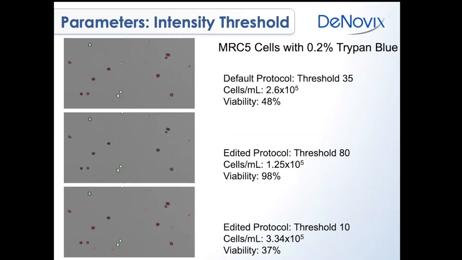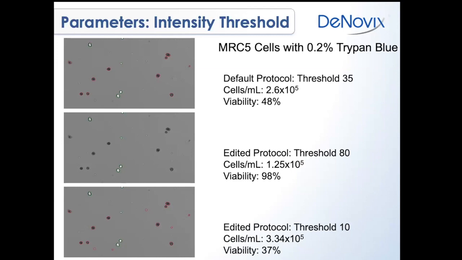If I change that threshold so that to get counted as a dead cell, something needs to be very dark, almost black, so I set it to 80, you can really see how that changes the count. Now almost nothing is being counted as a dead cell. Your viability is now 98%, and your total cells per mil is about 125,000. So that got cut in half.